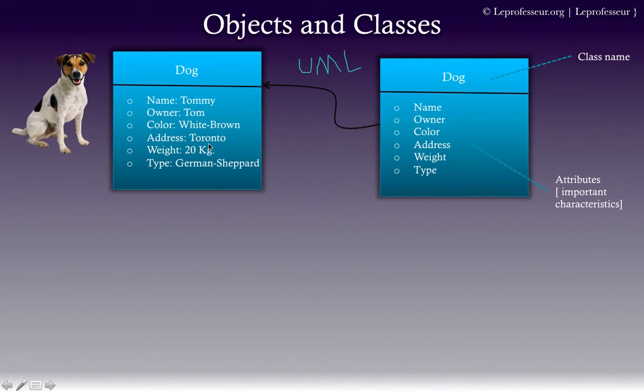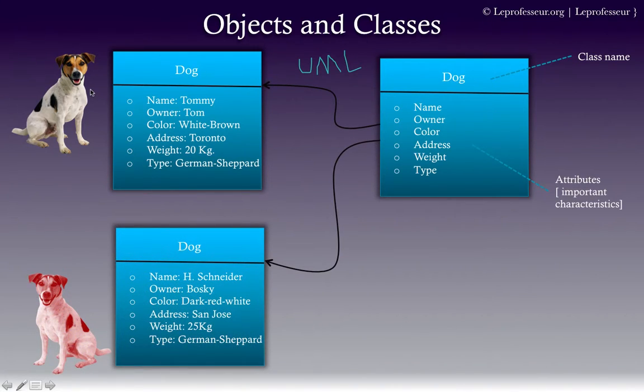For example, maybe Tom is not giving good food to this poor Tommy, very low weight. So as you can see in this typical example, an instance of this class dog becomes an object, which is Tommy.